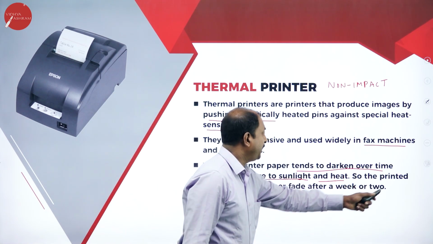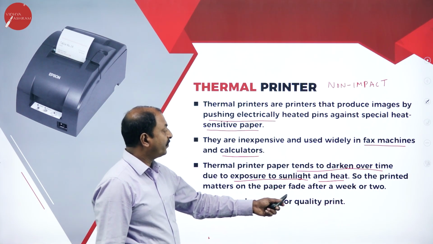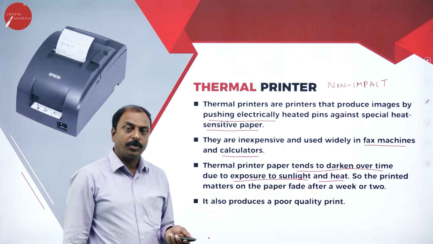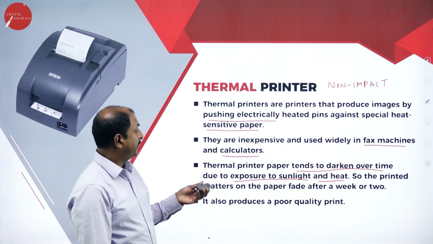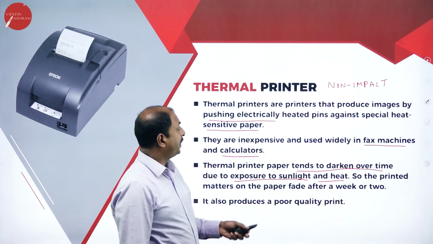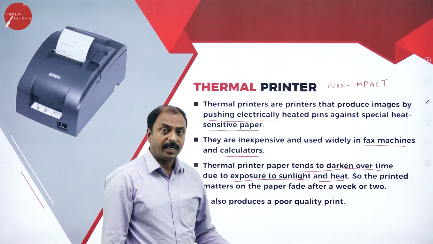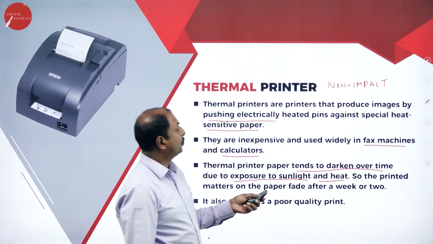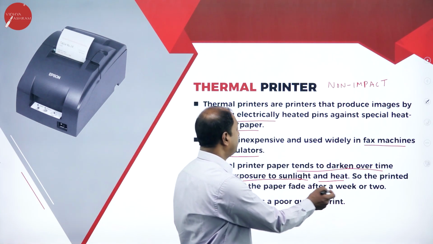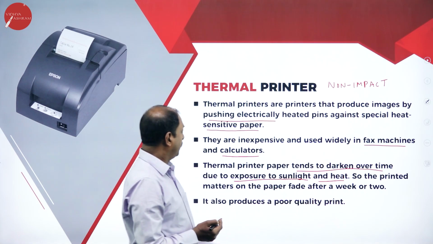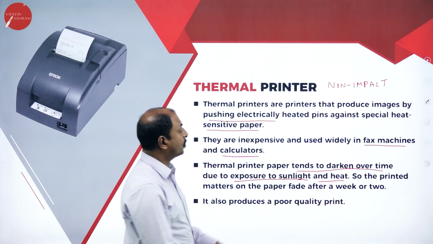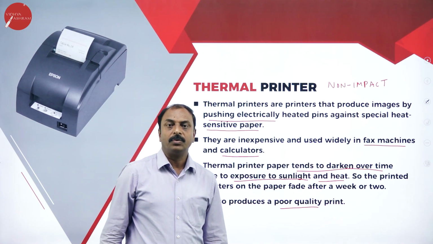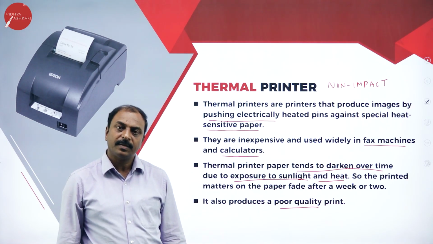So the printed matter on the paper fades after a week or two. So we cannot store it for a long time because it is going to fade after weeks because of sunlight and heat. And it also produces a poor quality printout. So this is the thermal printer, an example of a non-impact printer.